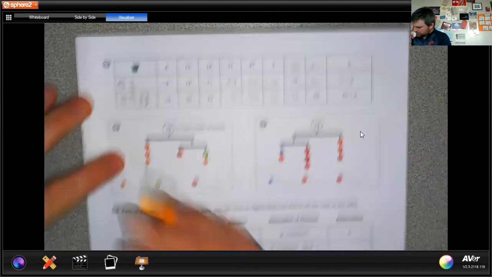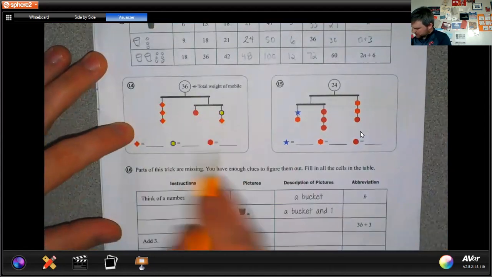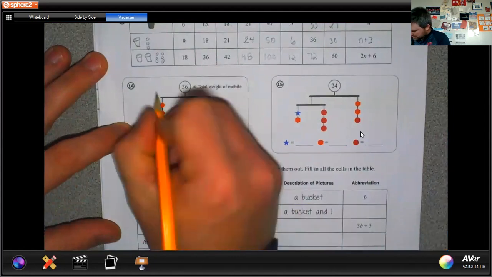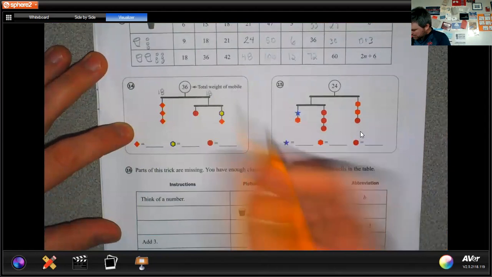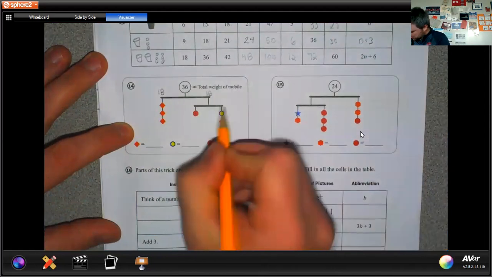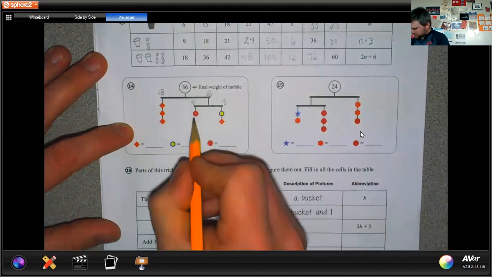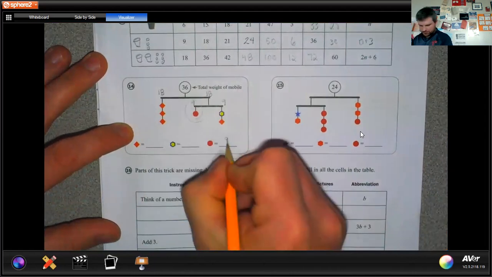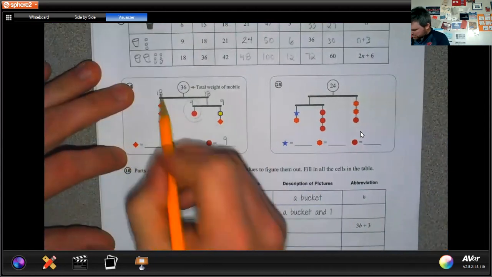All right, the mobiles. So 36 is the total. We don't have any numbers here. So if I break that out, that's 18 here and 18 here. I got to break the 18 into this one. So this is 9 and 9. Okay, so it looks like a circle is 9. And I have to break this 18 into 3 groups.